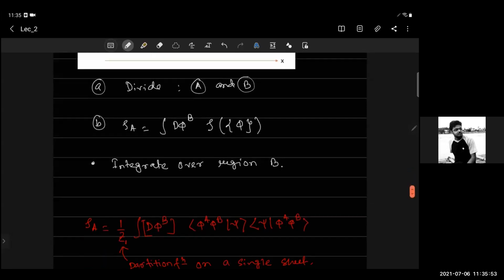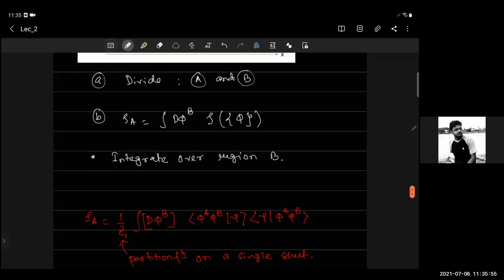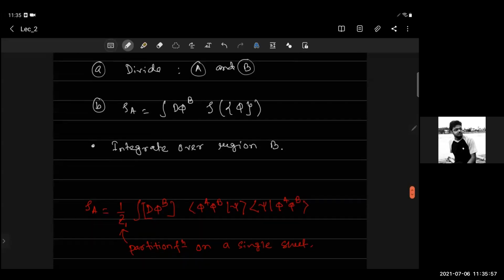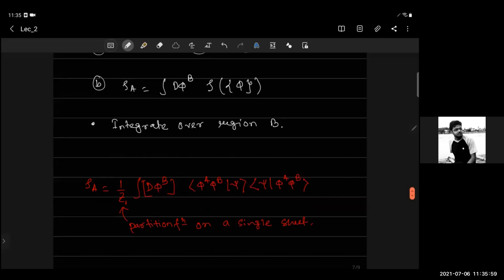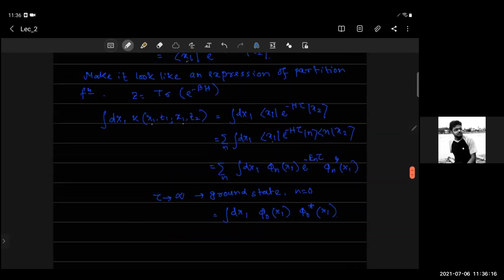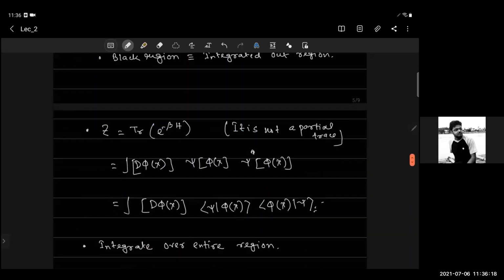So the expression for rho A is 1 over Z, because you remember it's the trace of exponential of minus beta H divided by that Z. So 1 over Z, with integration of the fields in the B region, and this is the expression of the density matrix in the basis of phi A, phi B. You remember the partition function you have got.